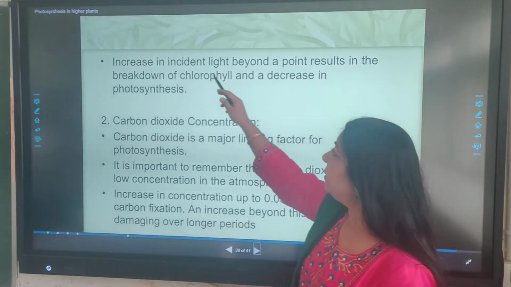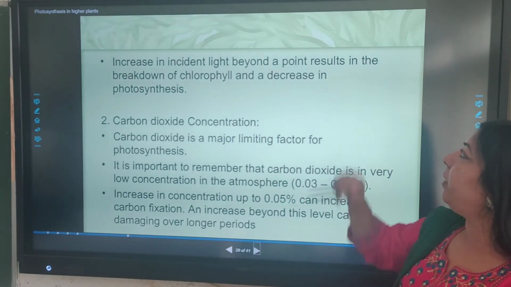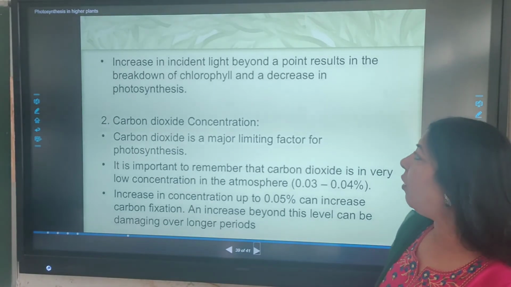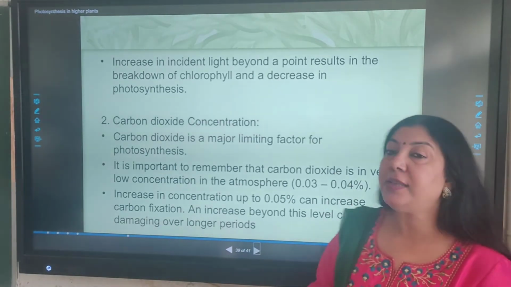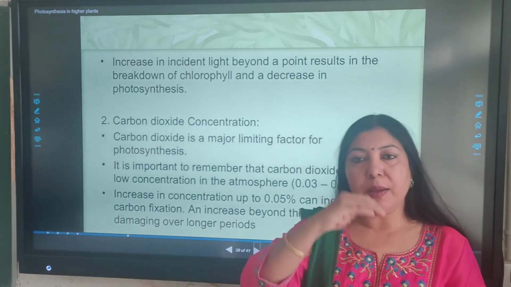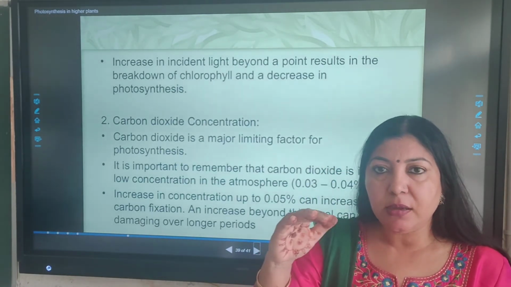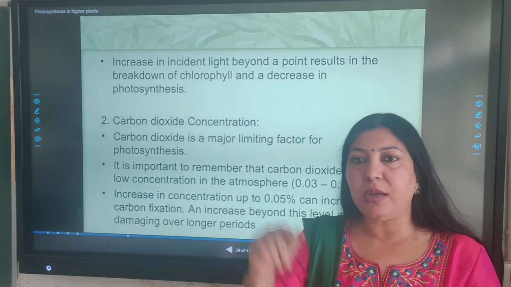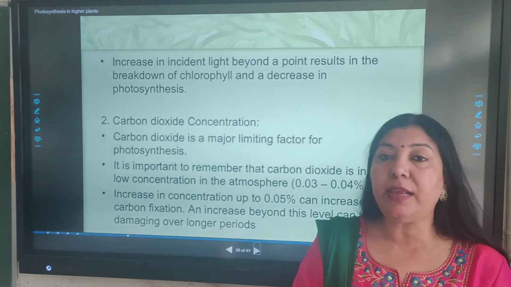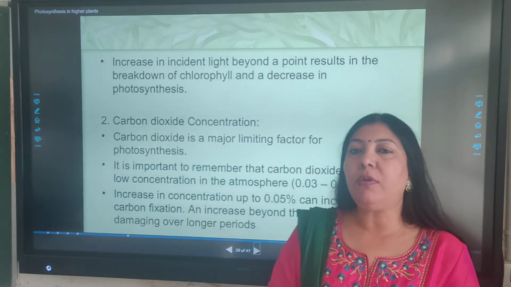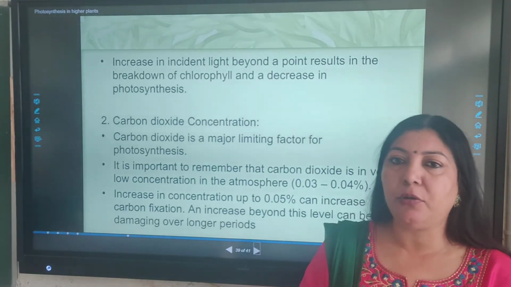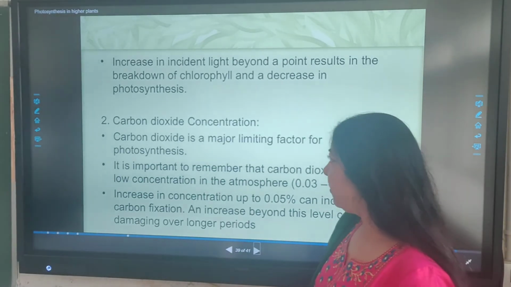Or you can say an increase in incident light beyond a point results in the breakdown of chlorophyll and a decrease in photosynthesis. To some point there will be an increase. After that it will be stationary. But if you continuously increase the light, then it will affect the chlorophyll and the rate of photosynthesis will decrease.